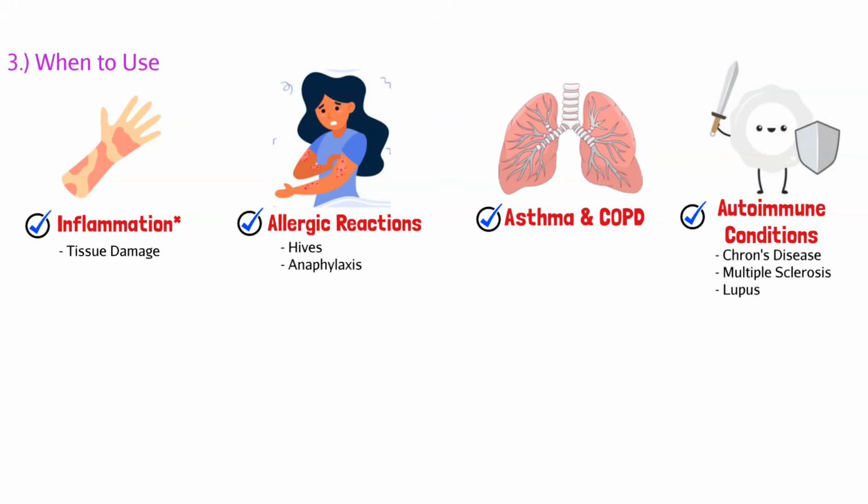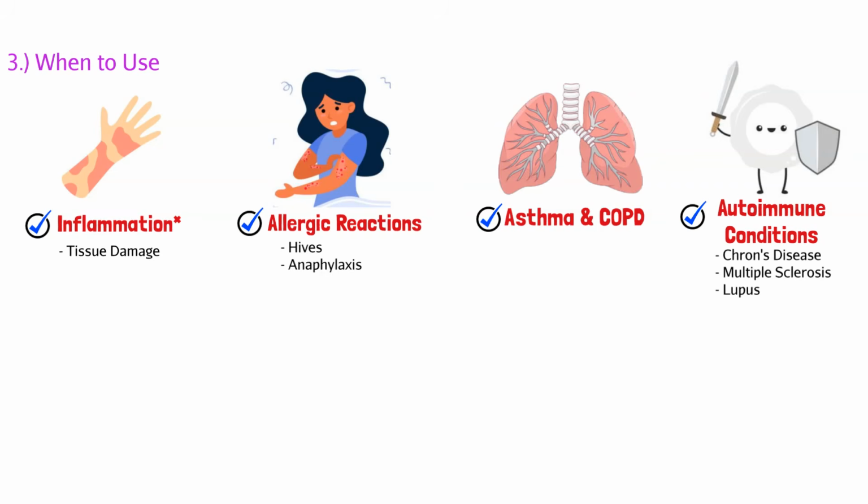And we talked about how steroids reduce your natural immunity. So, patients that have Crohn's disease, multiple sclerosis, lupus, these are all disease states where your own immune system is attacking itself. So, when we use steroids, we reduce the immune system. So it prevents or at least reduces the attack of itself on its own body.